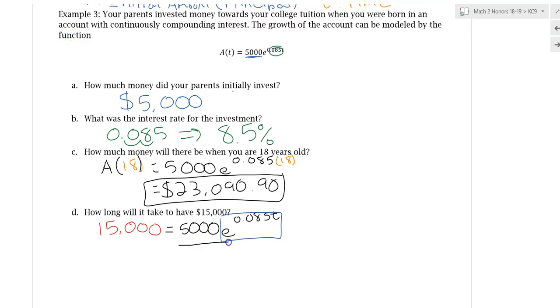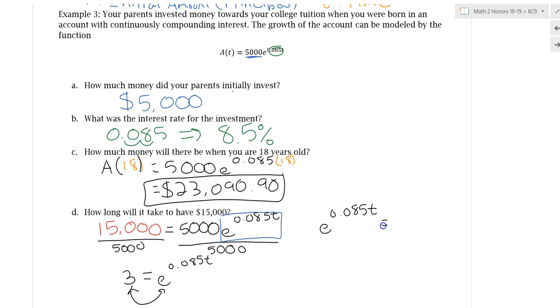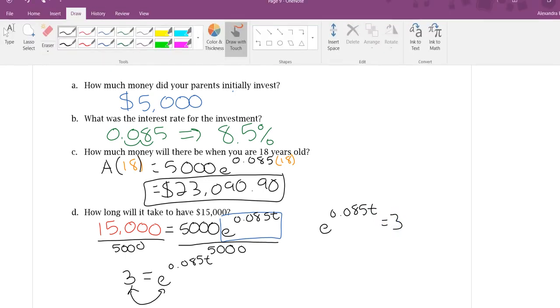Okay, so I'm dividing by 5,000. So that's 3, right? 15,000 divided by 5,000 is 3, equals e to the 0.085t. Again, I'm going to switch these. And I'm going to do my loop.